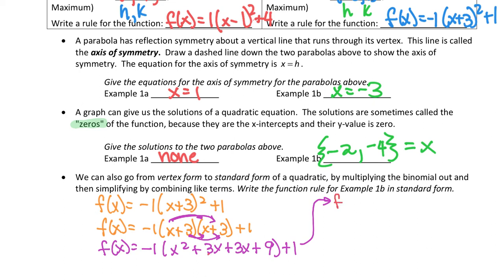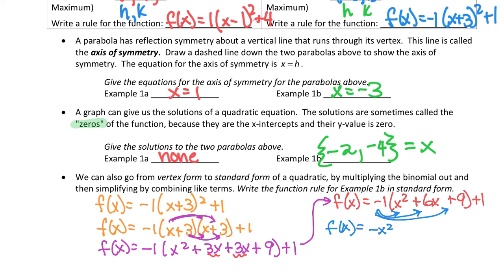Now let's go ahead and combine these two middle terms. So f of x equals negative 1 times x squared plus 6x plus 9 plus 1. Next, I distribute that negative 1. Get that through, and I've got f of x equals negative x squared plus, oops, I'm sorry, we're distributing a negative.